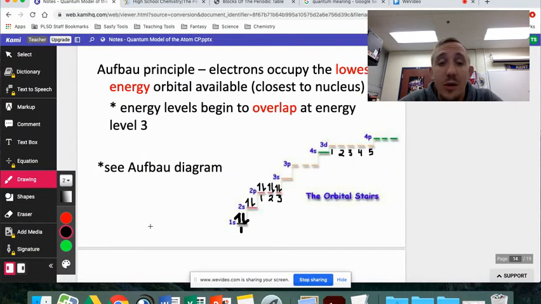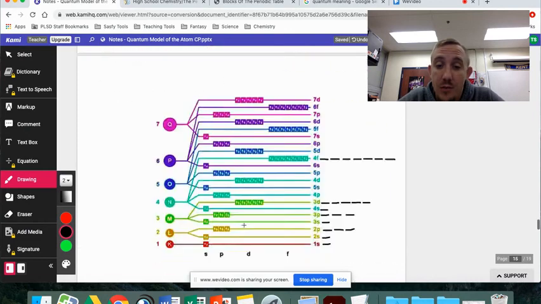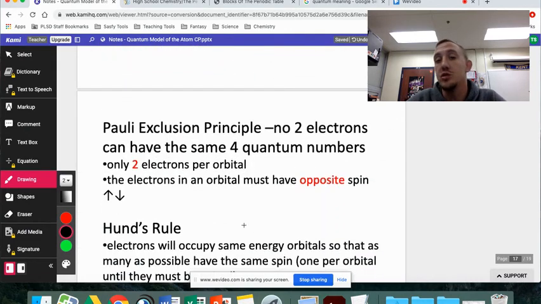I should never see something in an orbital that has 2 arrows going up or 2 arrows going down, because you have to think electrons realistically want to repel, and the only thing that's keeping them together is their opposite spins. So for every up, I have to have a down. And that's what the Pauli exclusion principle is telling me.